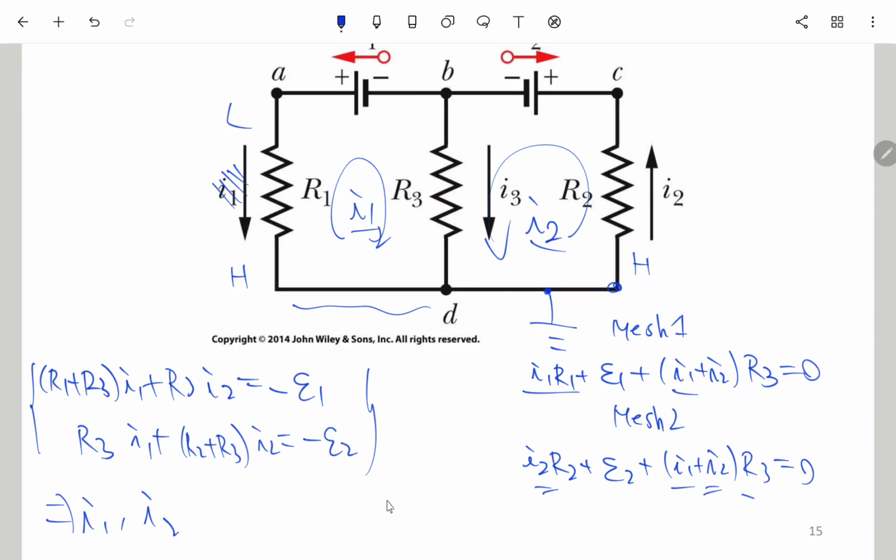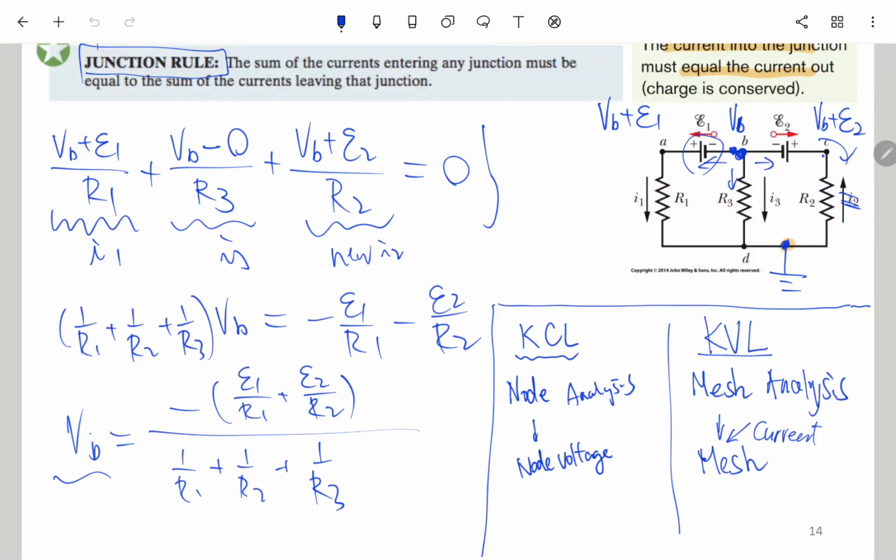So you can see that for node analysis and mesh analysis, for most circuits, they have similar complexity, with almost the same number of unknown variables and equations you need to write.